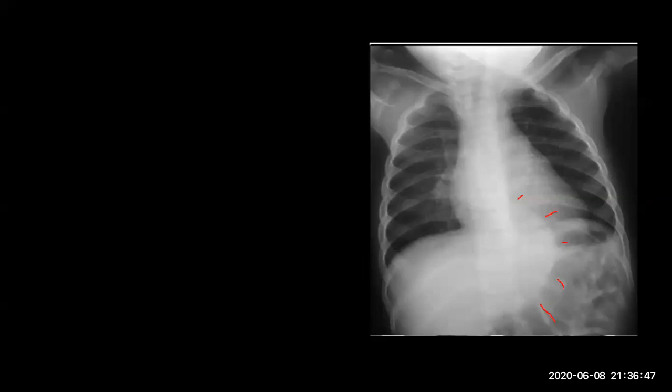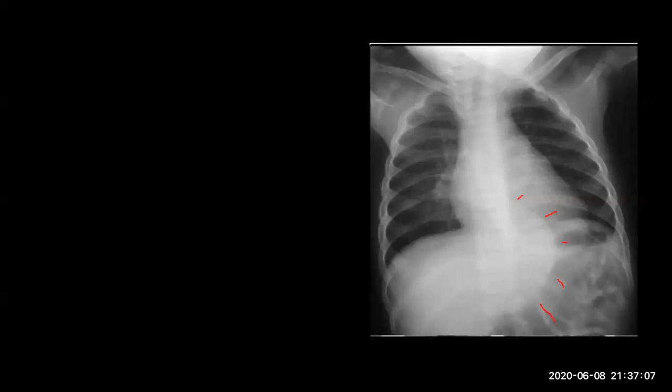So why is it a posterior mediastinal mass? It is obliterating the left paravertebral line, and we call this the thoraco-abdominal sign. This is important. The diaphragm is not obliterated, by the way.